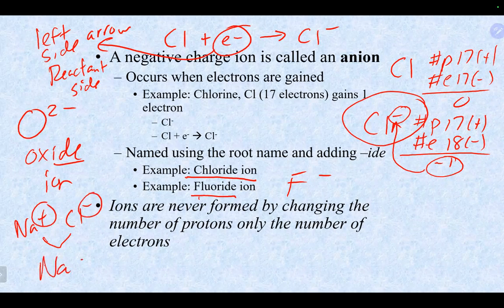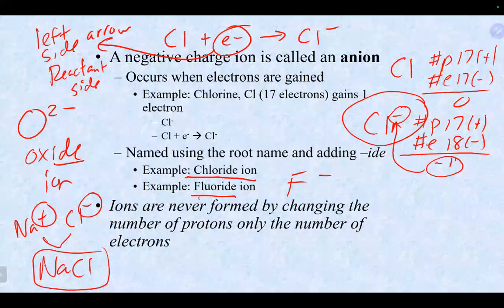So the correct formula when we put it together as a compound is NaCl. It has no charge, but it is made up of a sodium ion with a positive 1 charge and a chloride ion with a negative 1 charge. We always want to put it together in the simplest way that gets us to 0.